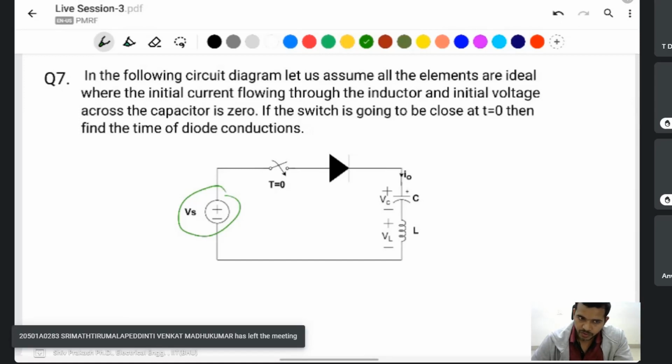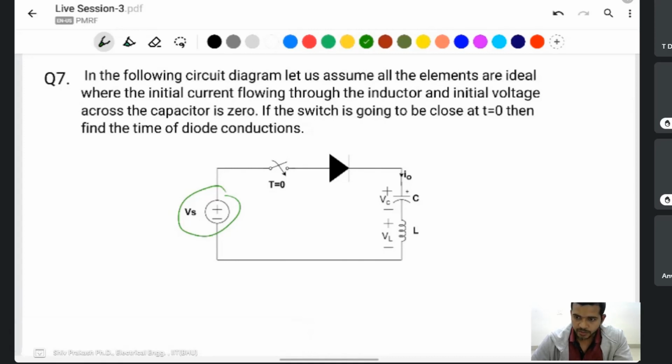In the previous question, a separate voltage source is not applied. The initial voltage of the capacitor works like a voltage source. But here a separate voltage source is applied. Then what will change in the waveforms?